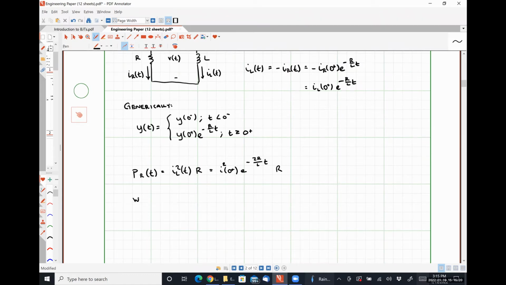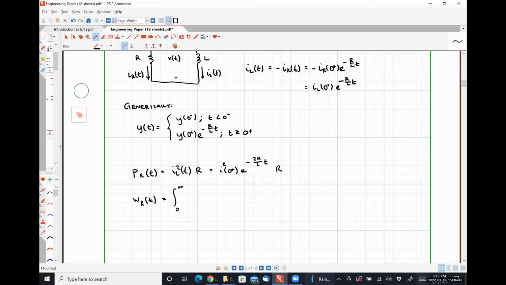The energy absorbed by the resistor from t equal to 0 to t equal to infinity, which is when our inductor starts transferring energy to the resistor.